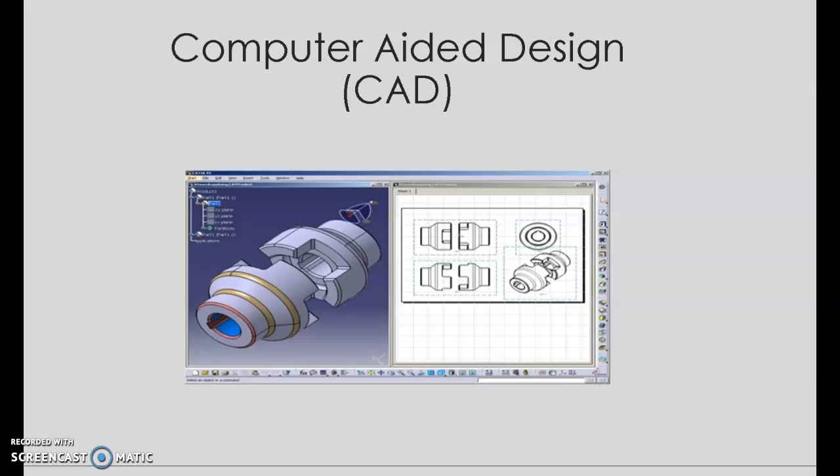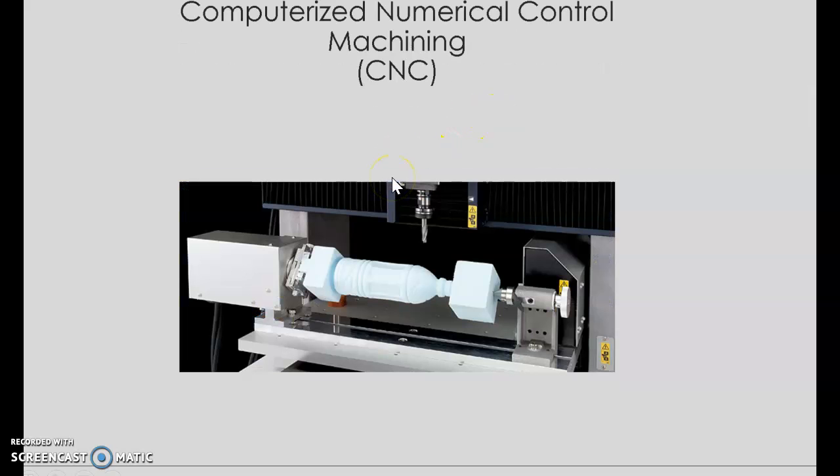So although I have a picture of some kind of mechanical part on the screen, if your parents have ever remodeled their house, I'm sure they've seen it before. It seems to be a standard now that a lot of mechanical engineers and contractors are using. Very, very helpful, very clean.